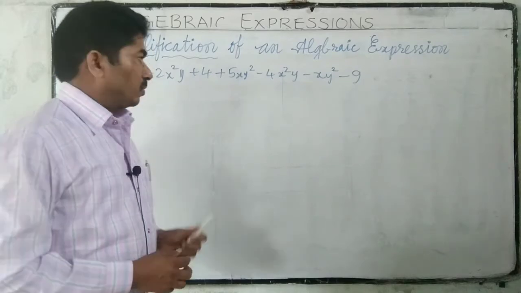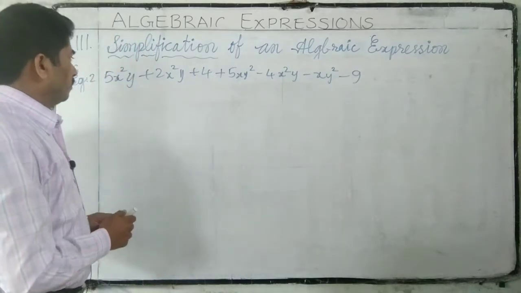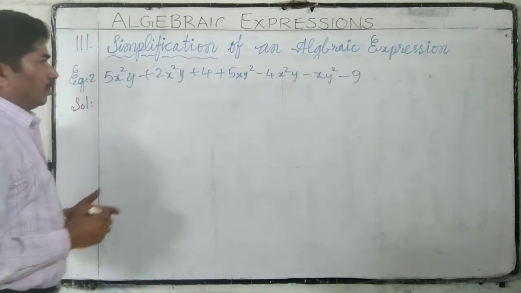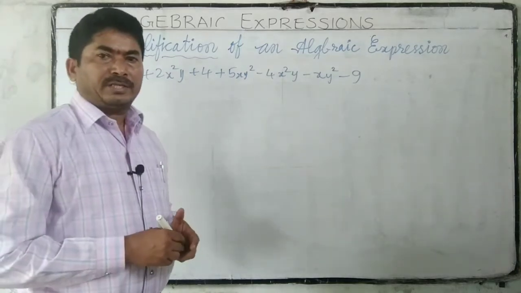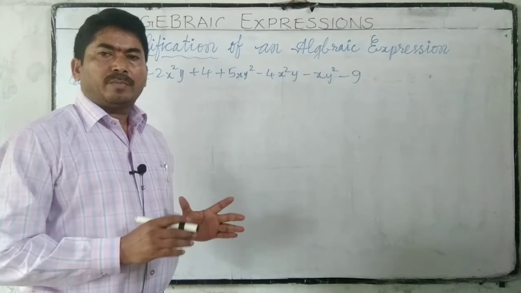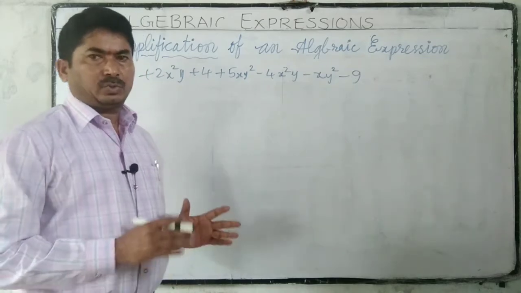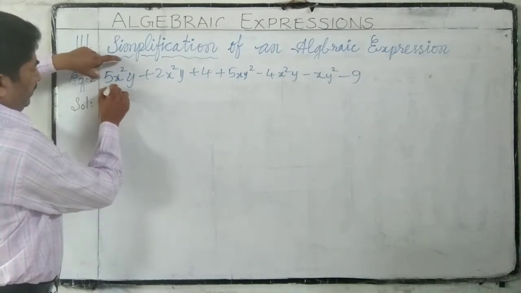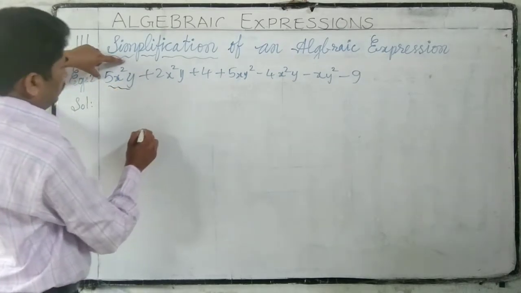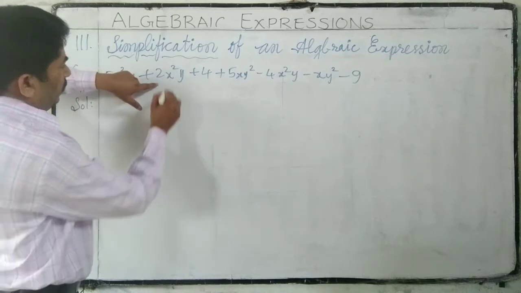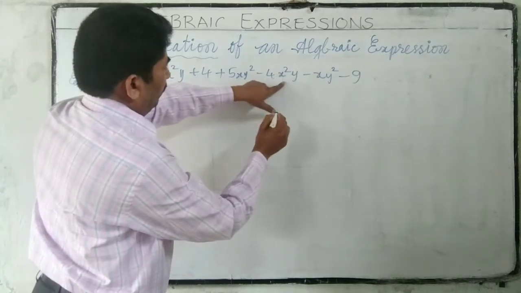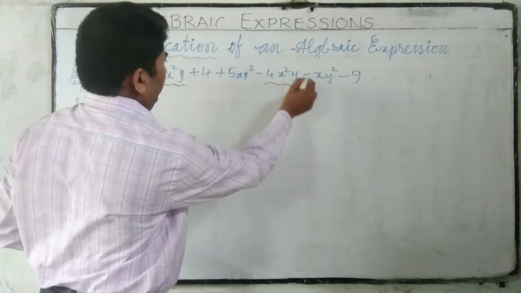One more example to understand clearly. To simplify an expression, first we have to group the like terms together. This is the like term: 5x square y, 2x square y, and minus 4x square y.